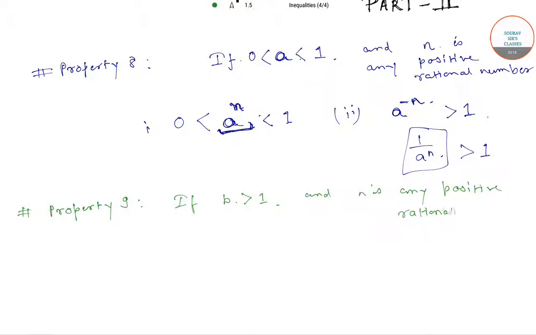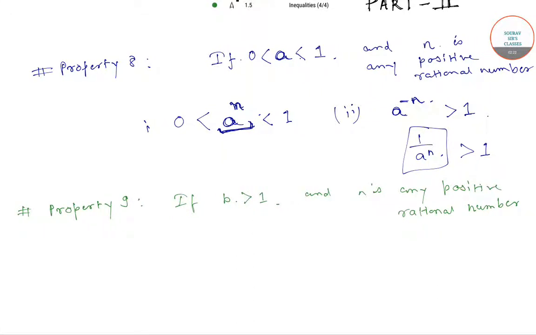In that case, b raised to the power n would also be greater than 1, and b raised to the power minus n, which is 1 by b raised to the power n, would lie in the interval of 0 to 1.